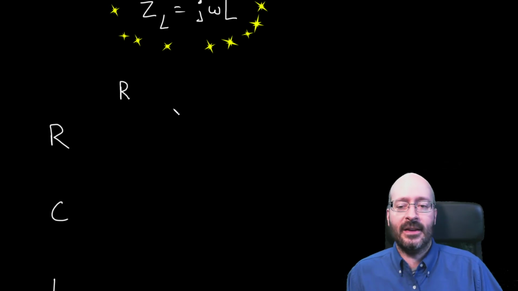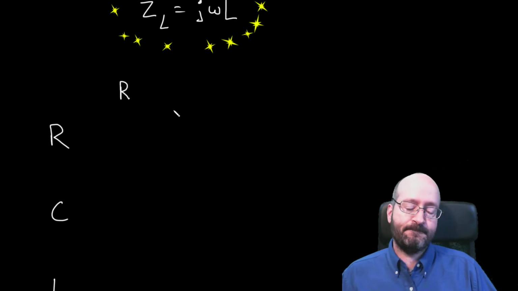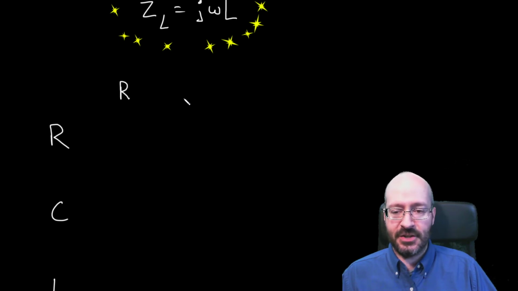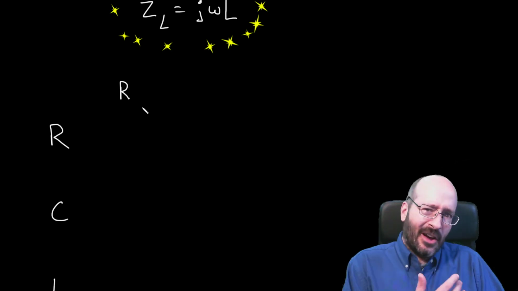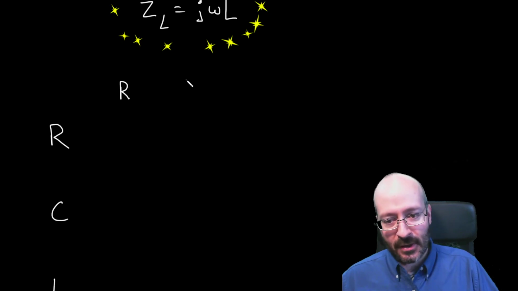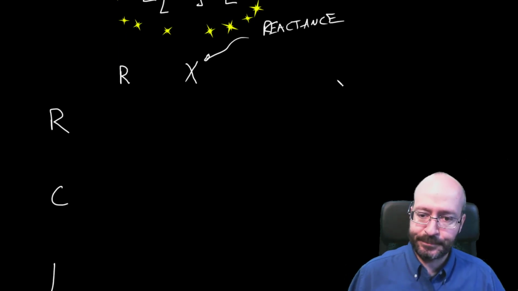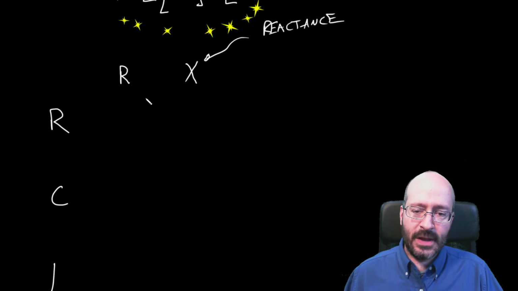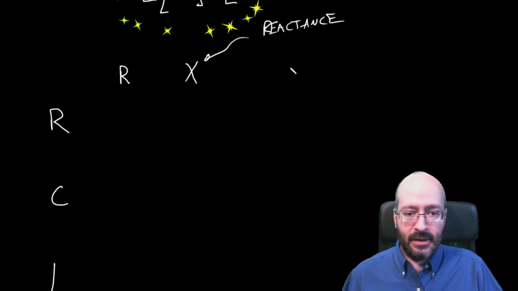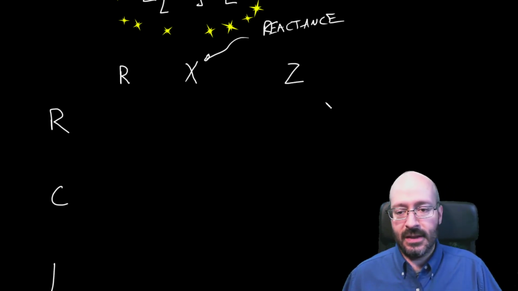Did you notice that the impedances of the capacitor and the inductor were purely imaginary? So we have this other value that we talk about: the reactance. This is the reactance, which is just the imaginary component of the impedance. Then we can put those together into the impedance.